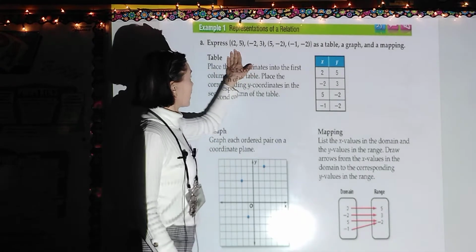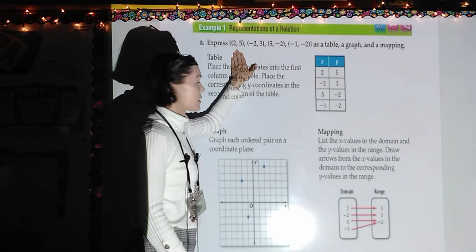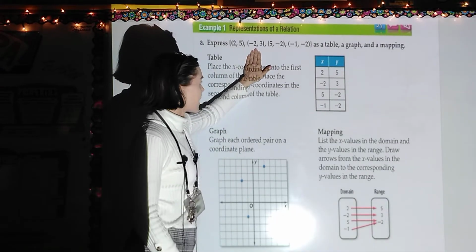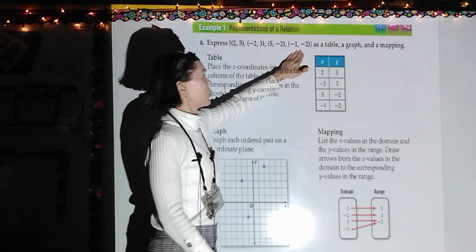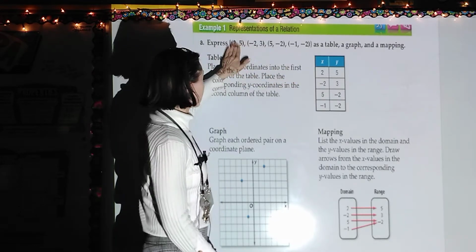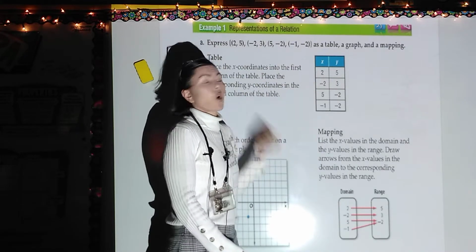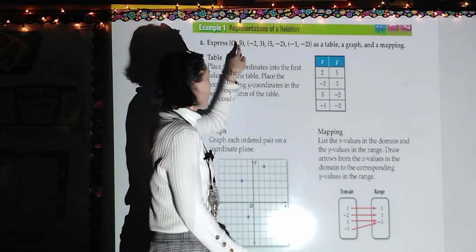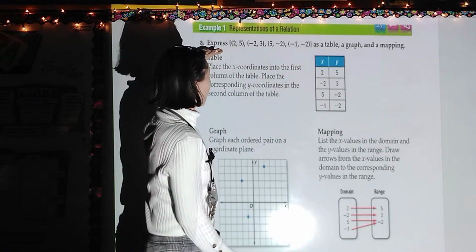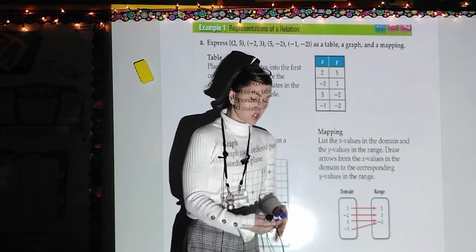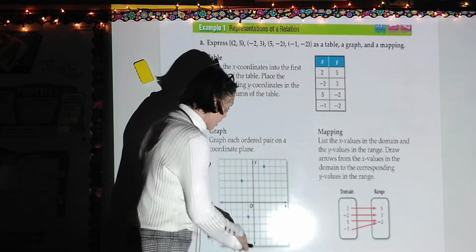It says positive 2, positive 5, that's an ordered pair. Negative 2, positive 3, positive 5, negative 2, negative 1, negative 2. This is 1, 2, 3, 4 points taken off of that coordinate plane, 4 ordered pairs written in a list. And I'm sure you've seen something like this before.